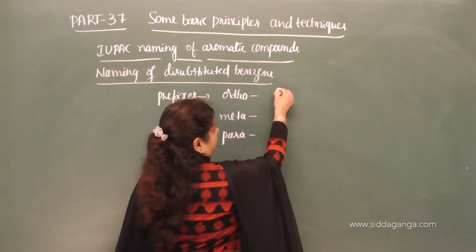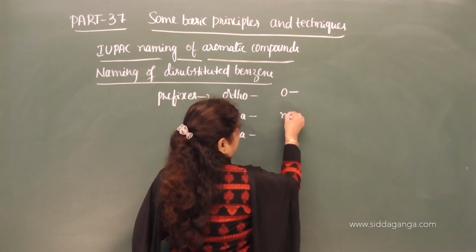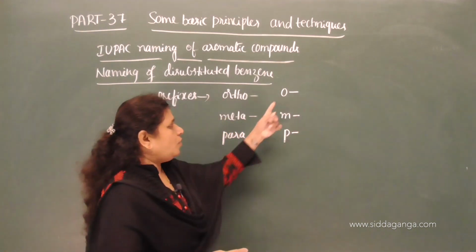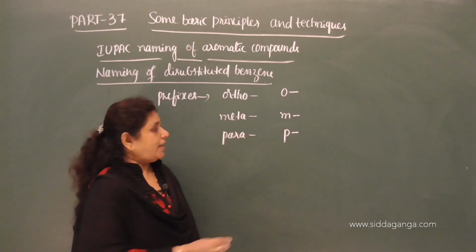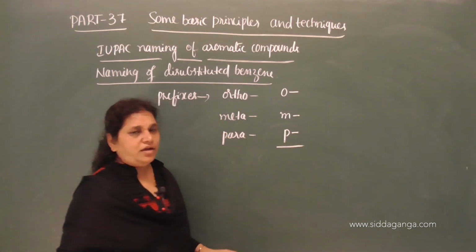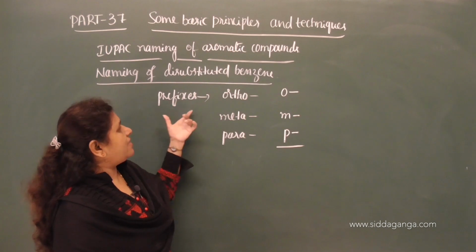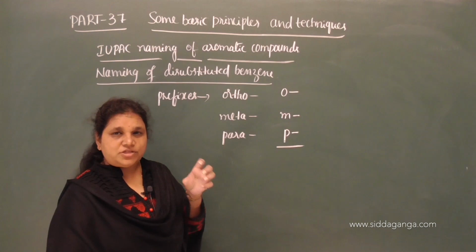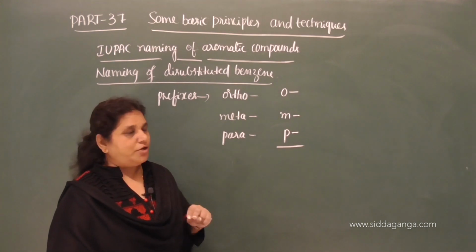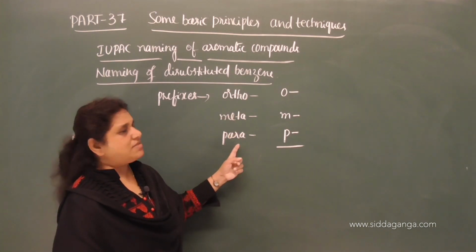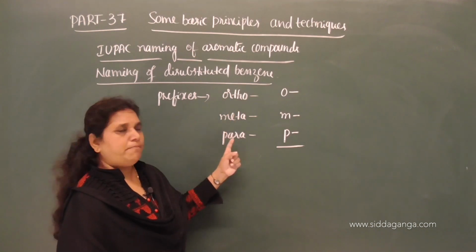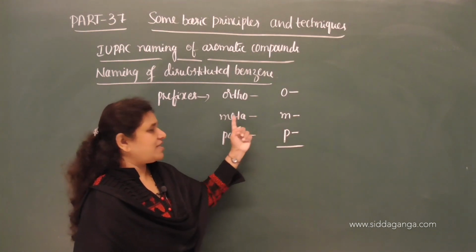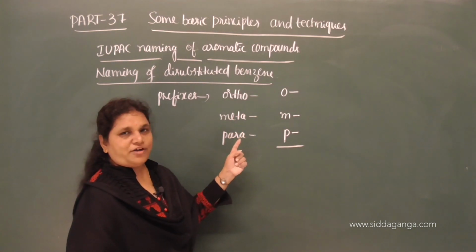In common names, we use the symbols of these prefixes: O, M, P. So while naming the disubstituted benzene, we have to designate the positions of the two substituent groups using the prefixes ortho, meta, para. That is, O stands for ortho, M stands for meta, P stands for para.